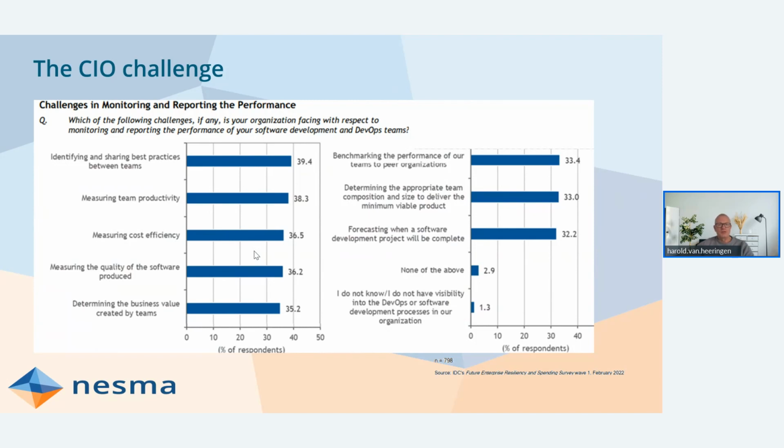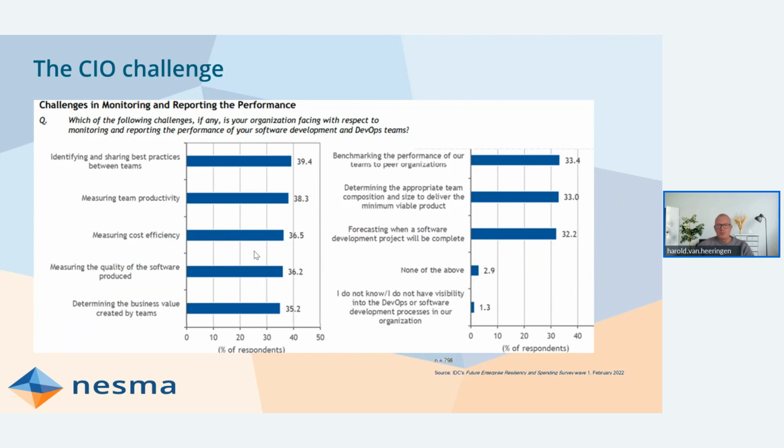And you see here the results, the percentage of respondents of those 798. You see that measuring team productivity is the second one. Measuring cost efficiency is the third one. Quality, fourth one. So there are concerns on CIO level that they can't measure, or they can't compare, or they can't understand the performance of the teams.